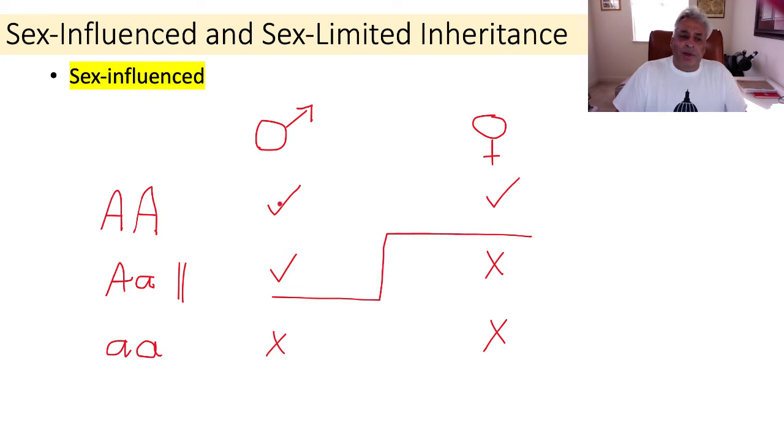In the male, it looks like the homozygous dominant. In the female, it looks like the homozygous recessive. And the reason for this is that there's interaction between the sex hormones that are produced by the two different sexes of individuals in this case. So that is called a sex influence gene.